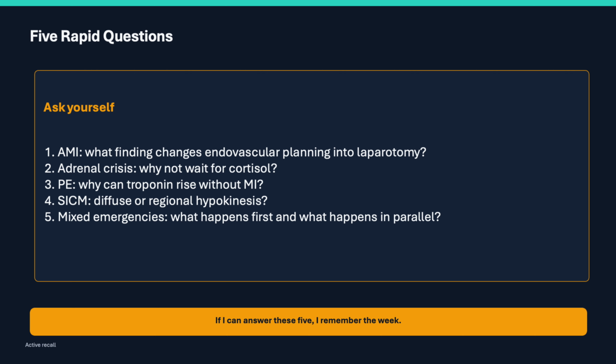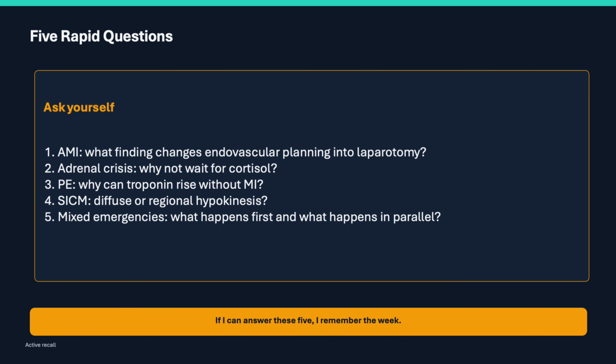Question number 1. In acute mesenteric ischemia, what finding changes the plan from revascularization alone to urgent abdominal exploration? The answer is peritonitis, perforation, or evidence of necrotic bowel. Question number 2.